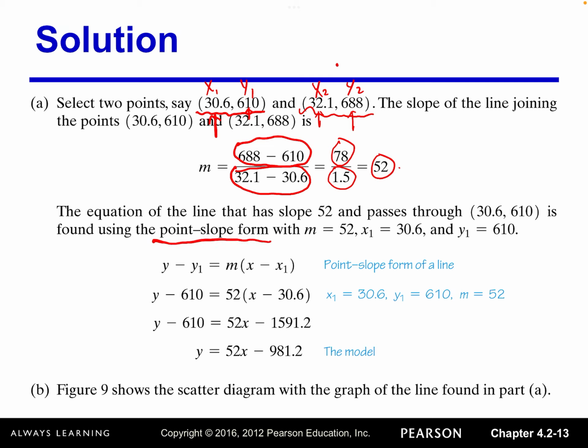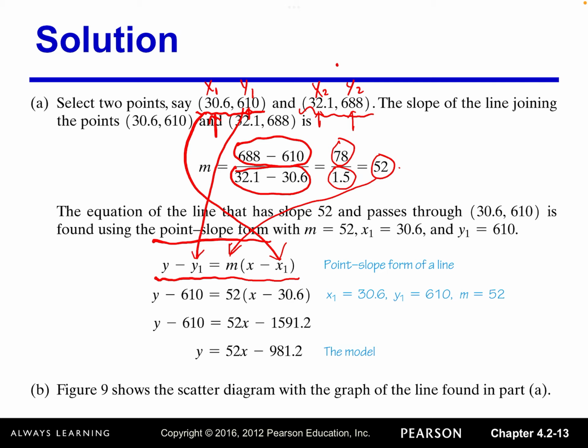Now we know the slope, so we can use the point-slope form of a line equation and plug in. The point-slope form is y minus y1 equals m times x minus x1. If we use the first point as x1, y1, and the slope equals 52, which we already calculated earlier, we plug in x1, y1, and the slope 52.